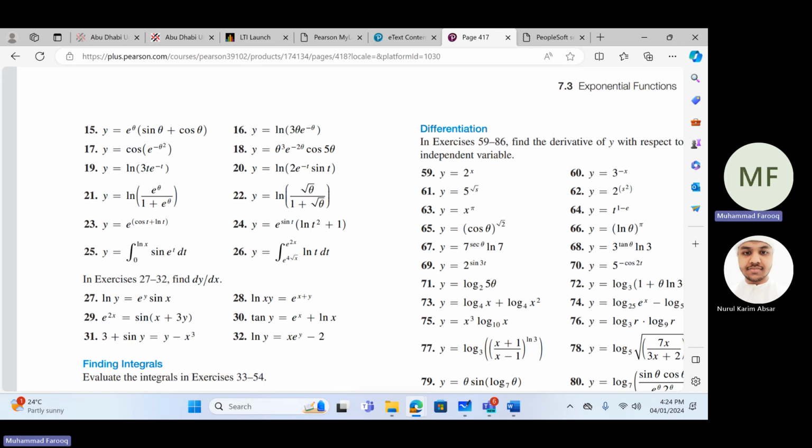Okay, let's try question number 24, please. It's not 20, where's 20?